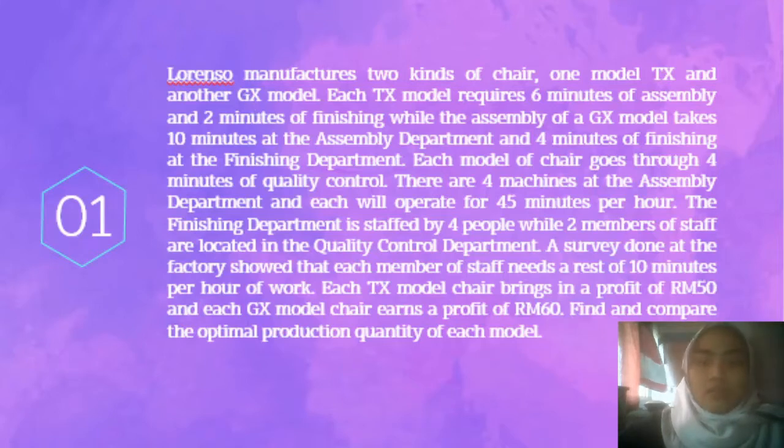There are also some constraints, which are the assembly department, finishing department, and quality control department. It also brings a profit of 50 ringgit for TX and 60 ringgit for GX. So we need to find the optimal production for each model.